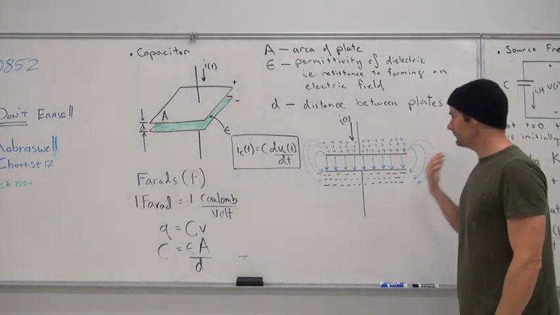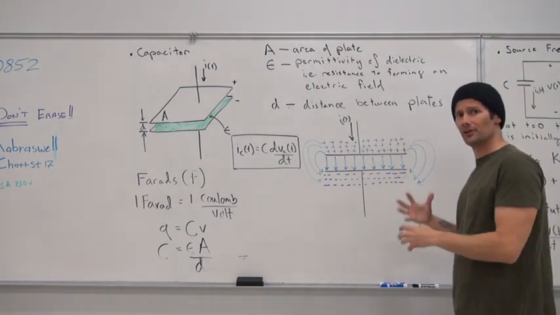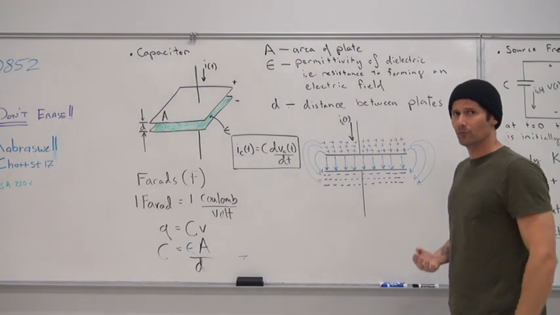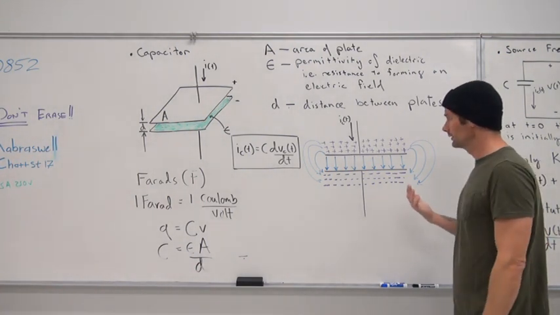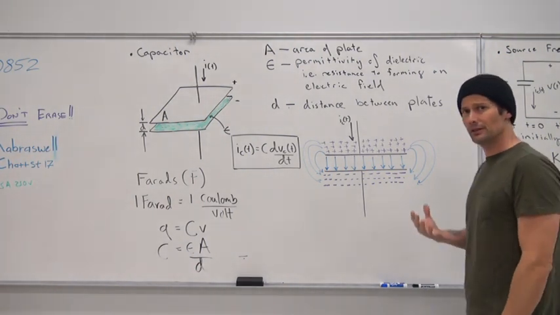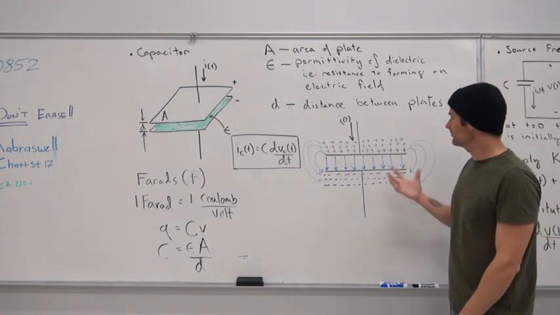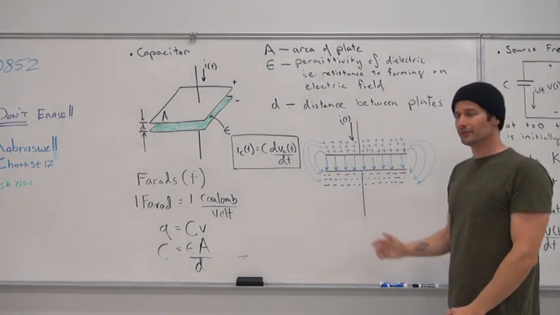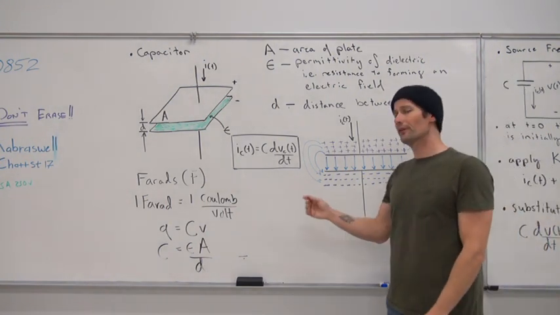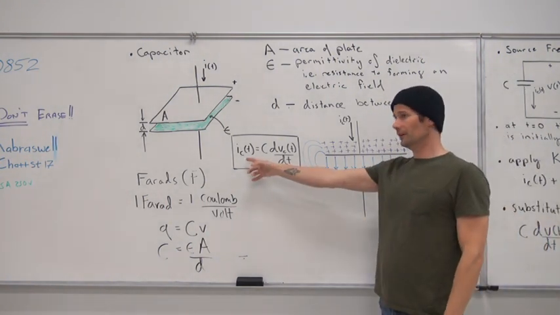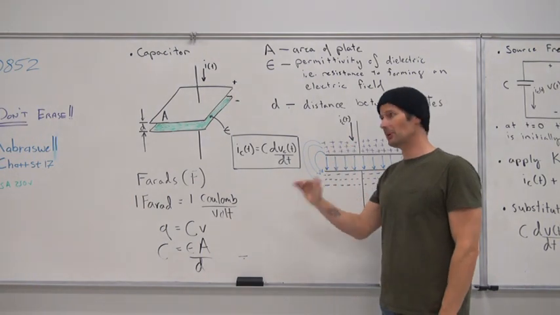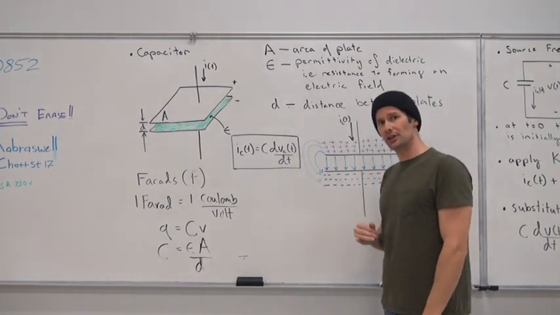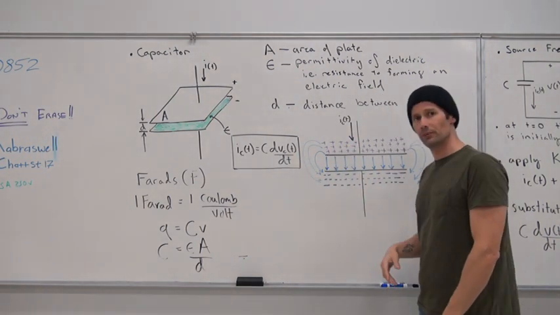And when I say dynamic, it means that we're introducing change within the circuit. That change is very unique in terms of how that positive and negative charge builds. In fact, for the capacitor, the current is dependent upon the voltage changing between those two plates.